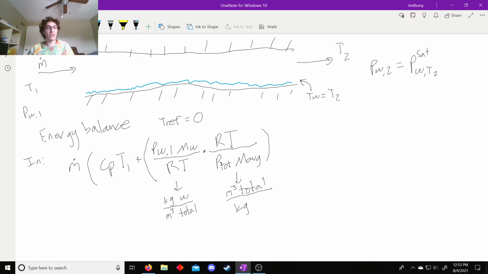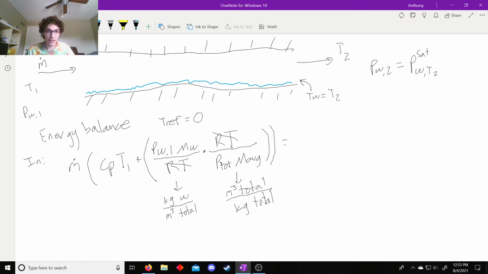So this gives us our volume of everything over our kilograms of everything. So this is everything, not just air, which lets us relate our kilograms of everything that's coming in. And then down here we have, again, kilograms of everything. There we go. And we can actually cancel these here.